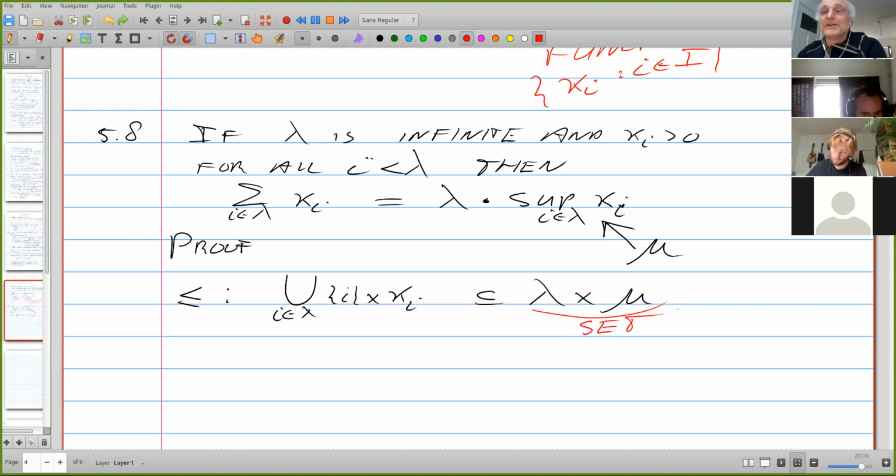If you take that disjoint union of those kappa i's, well, every i is a member of lambda.